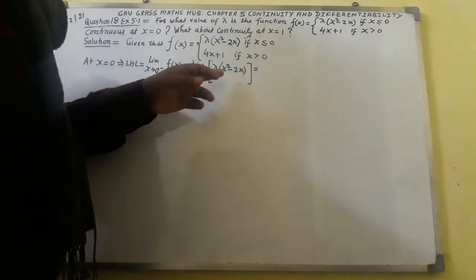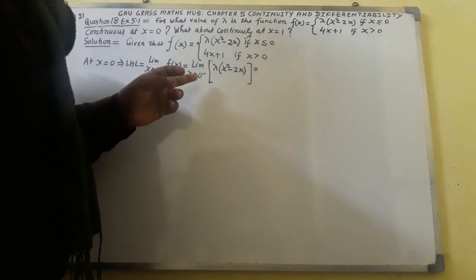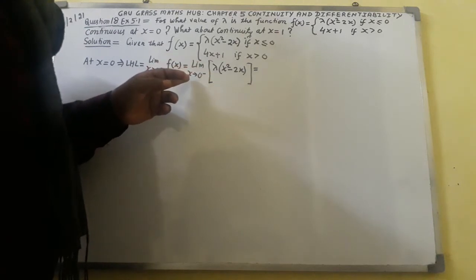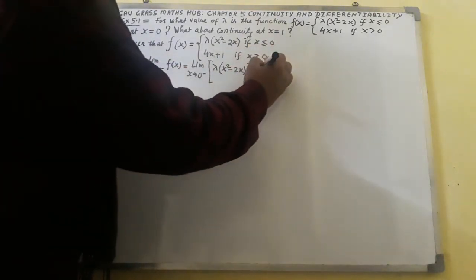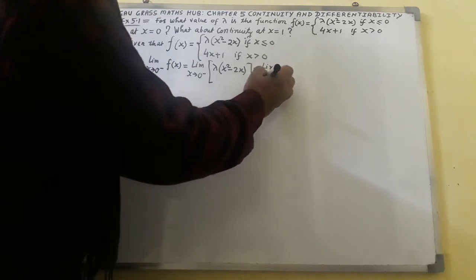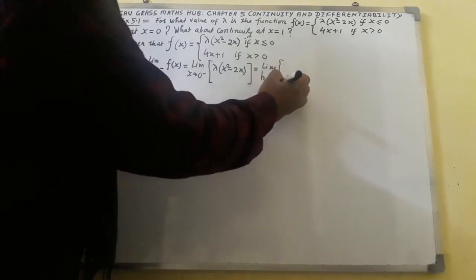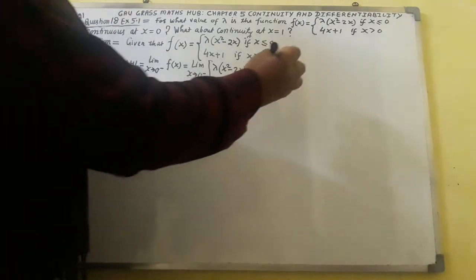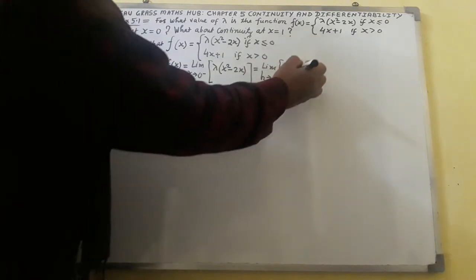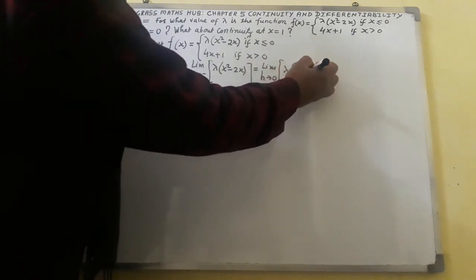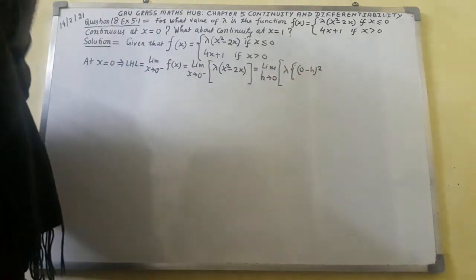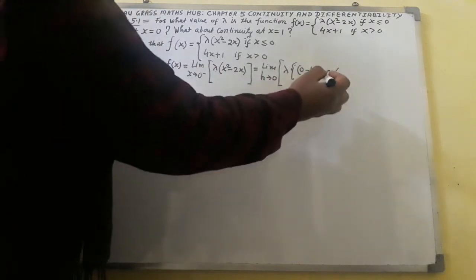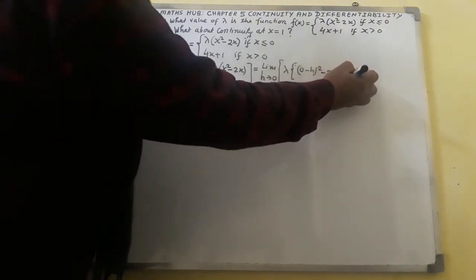Now in place of x I shall put 0 minus h, so it will become limit h tends to 0 of lambda times ((0 minus h) whole square minus 2 times (0 minus h)).